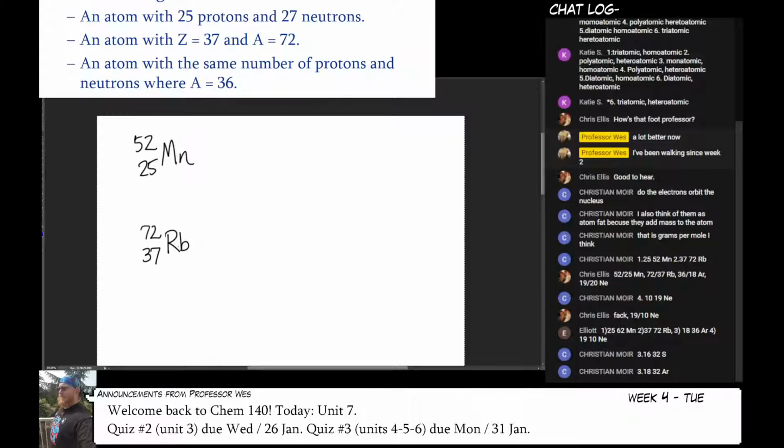All right. For the third one, I have to have the same number of protons and neutrons. So I know that the protons equal the neutrons, and that A is 36. So if I add protons plus neutrons together, they must equal 36. And these are the same thing, so I could just substitute them out, since the number of protons is equal to the number of neutrons.